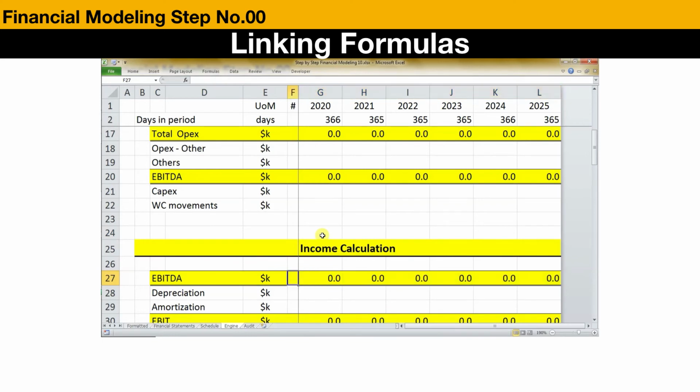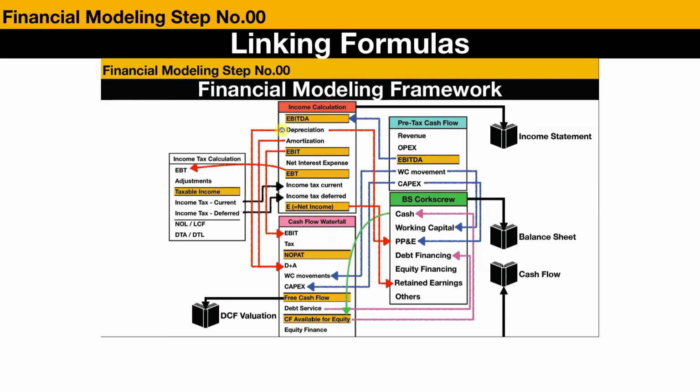Let's put the number of the formula to increase the visibility for later reference. Next, working capital movements and CapEx from pre-tax cash flow to cash flow waterfall. They are formula numbers 2 and 3.